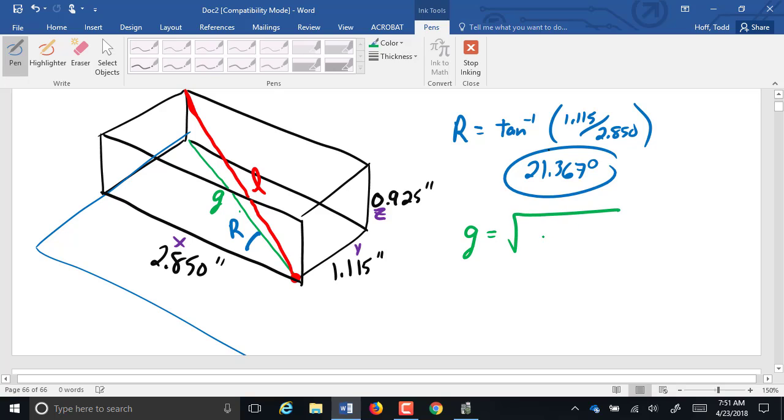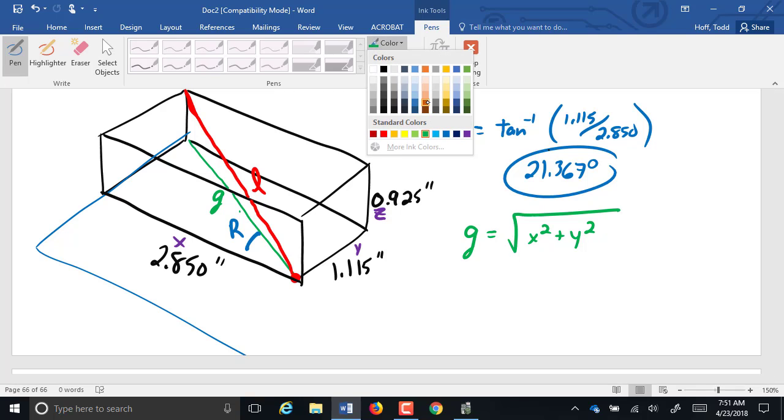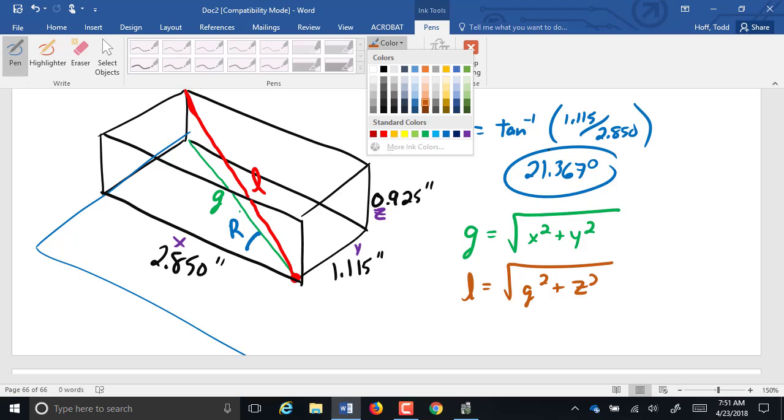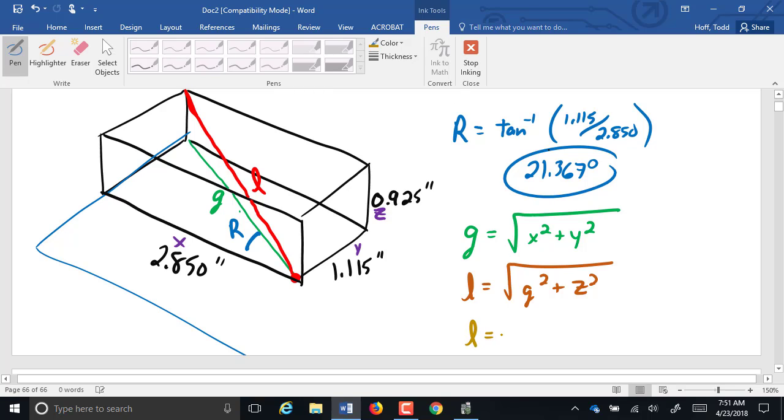G is equal to the square root of X squared plus Y squared, right? L is equal to the square root of G squared plus Z squared. However, G is the square root of x squared plus y squared, right?